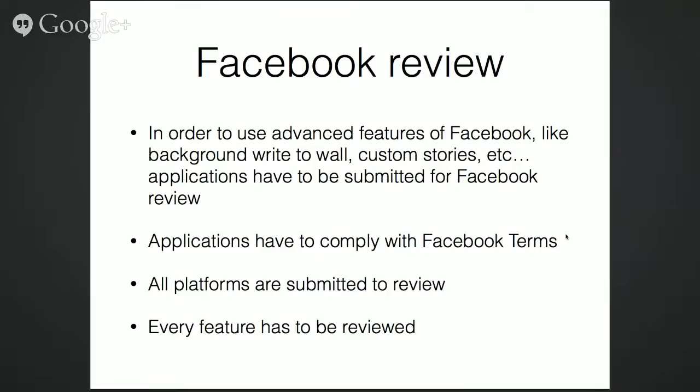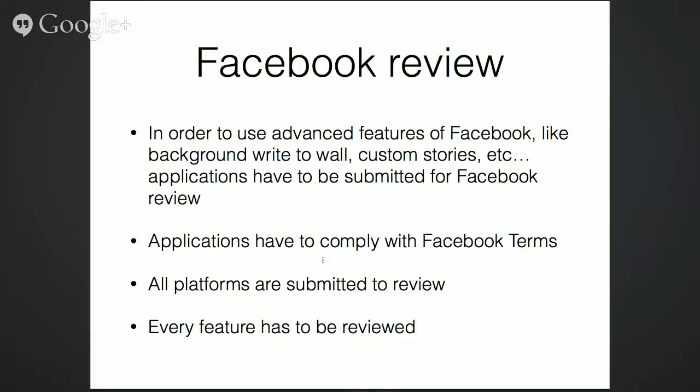Applications have to comply with Facebook terms, which is in fact pretty hard to achieve because the terms are very strict. I have an example of terms on the next slide, so we will take a brief look at it. All platforms are submitted to review. So if you're developing an Android application and an iOS application, which will use some common Facebook feature, both platforms are reviewed at once.